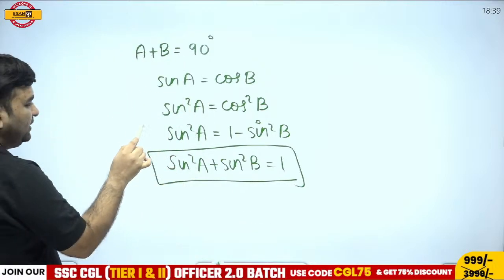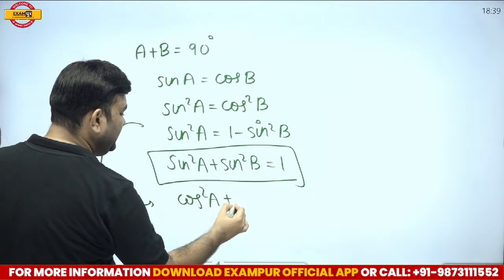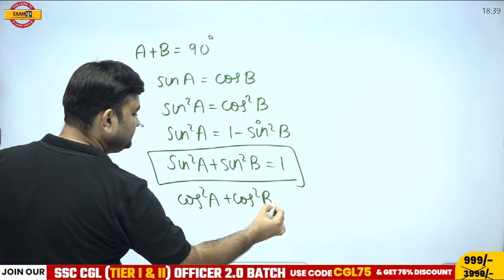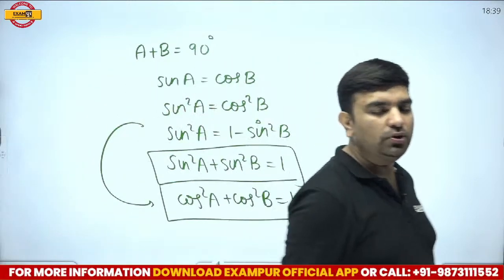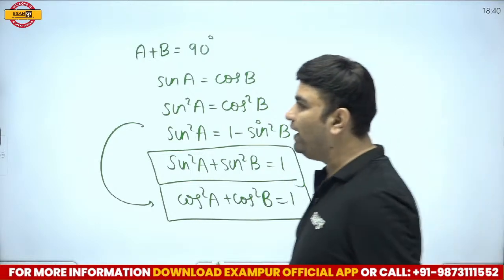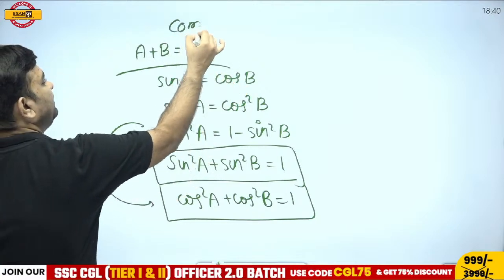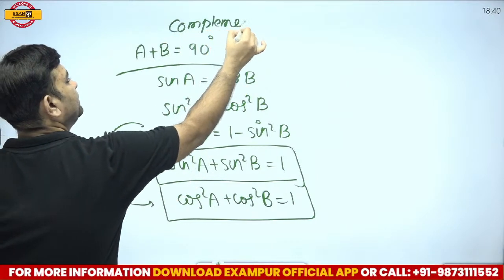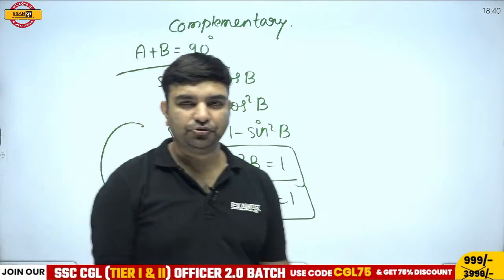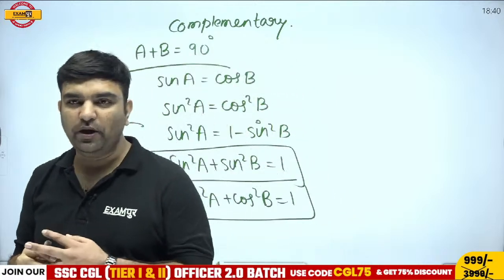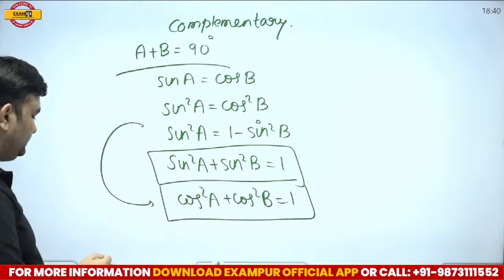Similarly, if converted into cos, cos square A plus cos square B is also equal to 1 when angles are complementary.